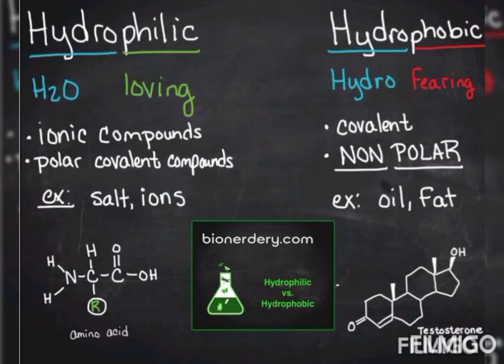Hydrophilic means H2O loving. That is, hydrophilics are ionic compounds and polar covalent compounds. Examples are salt and ions. The amino acid is an example of hydrophilic, which is water loving.